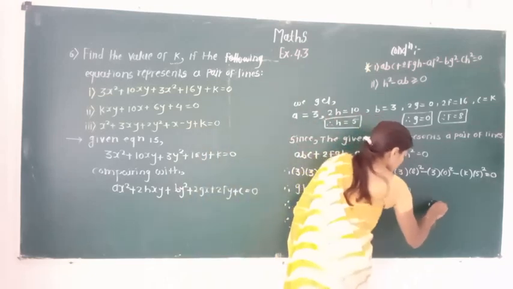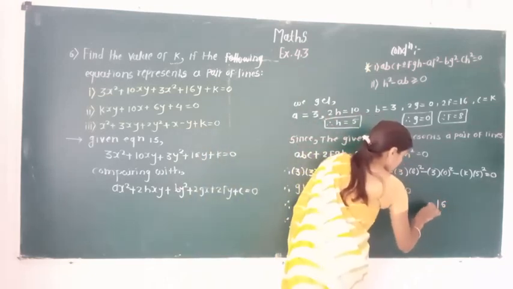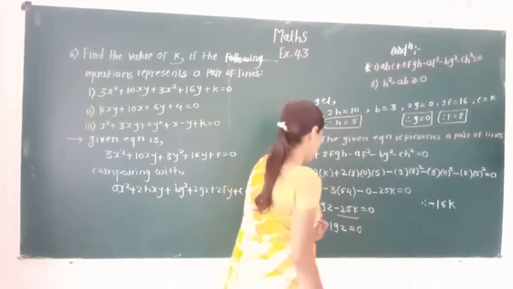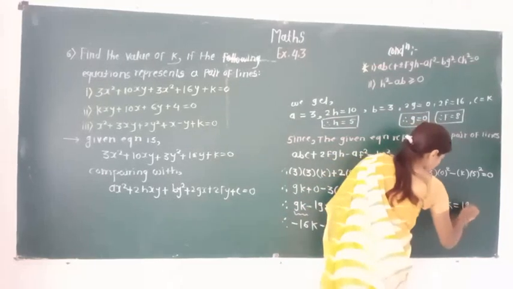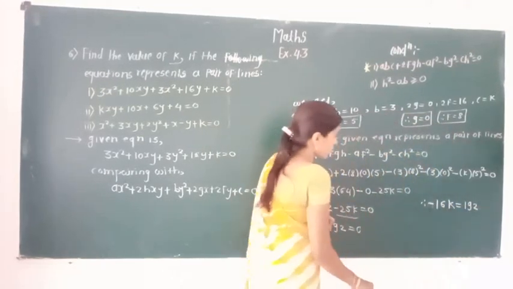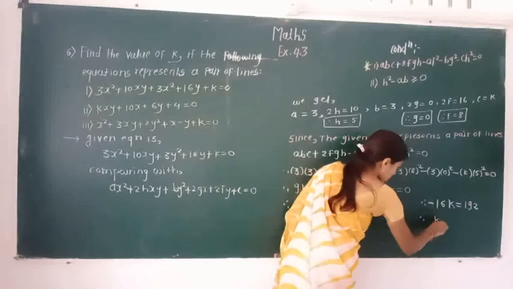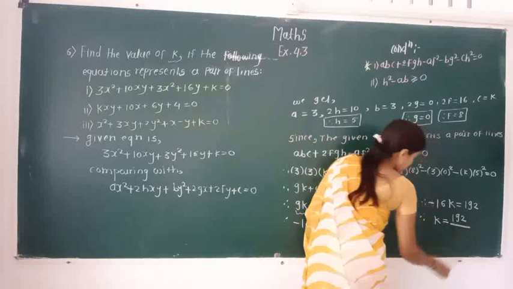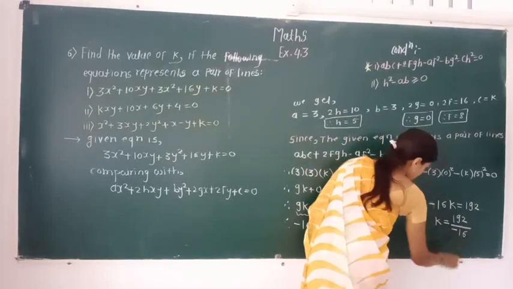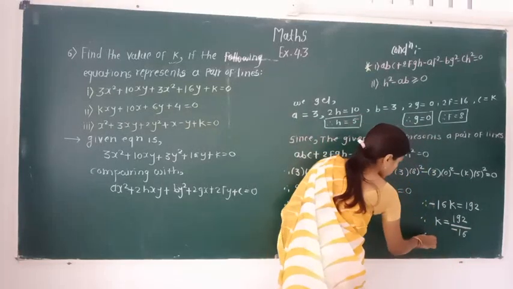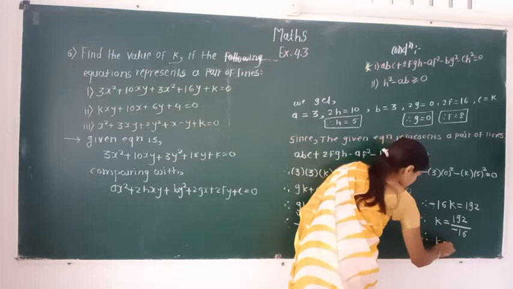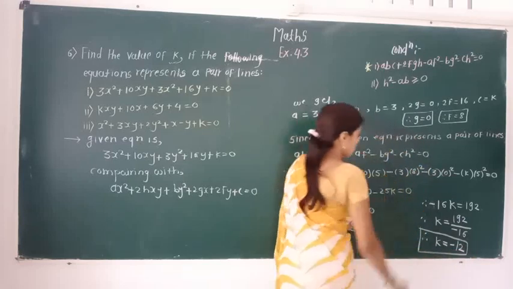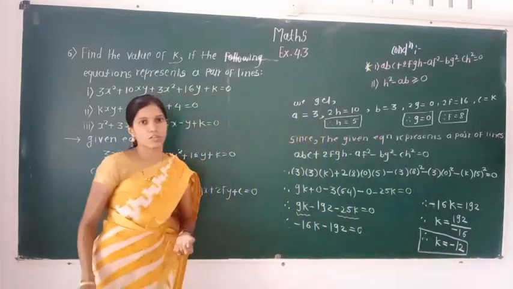We can write here minus 16k is equal to 192. Okay, now therefore the value of k we can write here 192 divided by minus 16. Now the ratio of these two terms gets here k is equal to minus 12. This is the value of k. Okay, now first of all write down this problem.